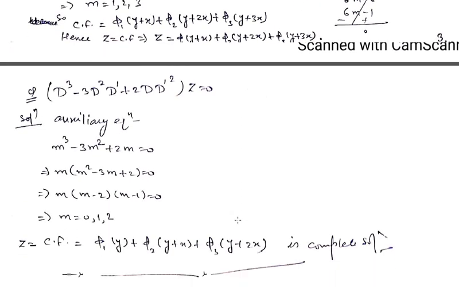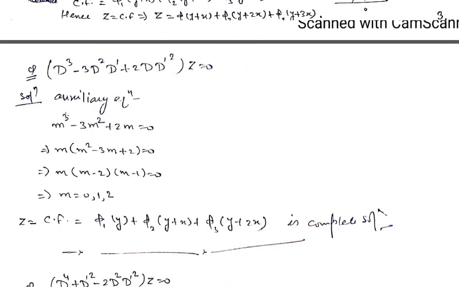Let's try another problem. (D³ − 3D²D′ + 2DD′²) = 0. Its auxiliary equation is m³ − 3m² + 2m = 0. Taking m outside, it becomes m(m² − 3m + 2) = 0. It will be m(m − 2)(m − 1).